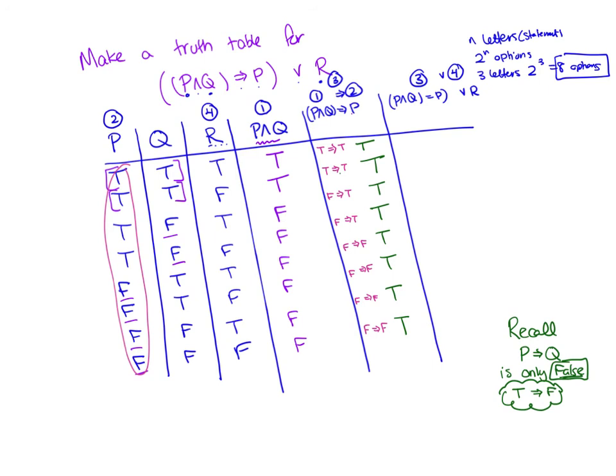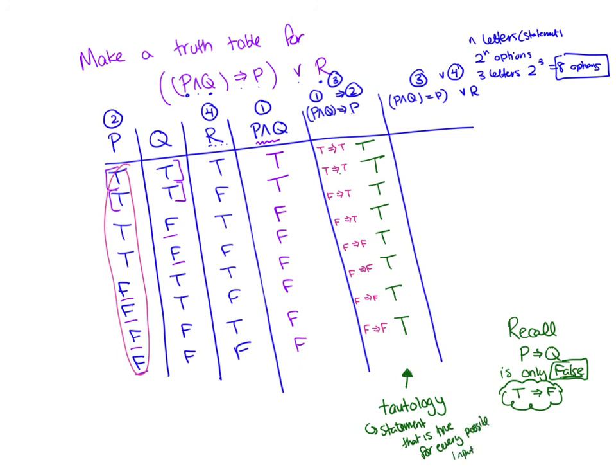If you ever end up in a situation where everything is true, that's called a tautology. So a tautology is a statement that is true for every possible input.